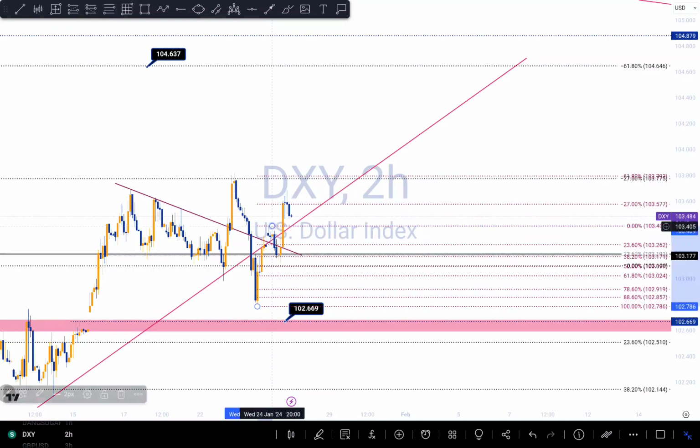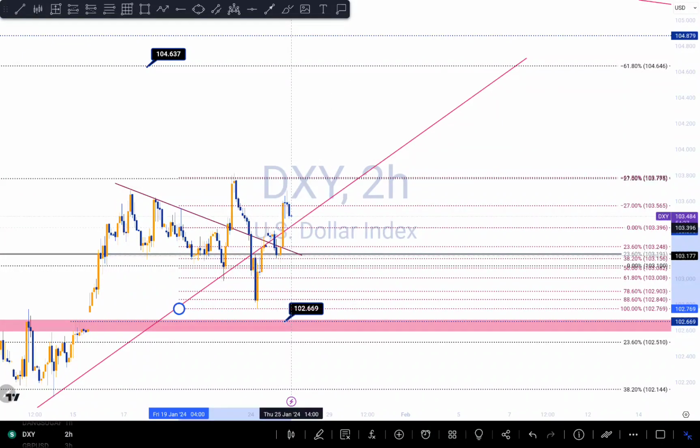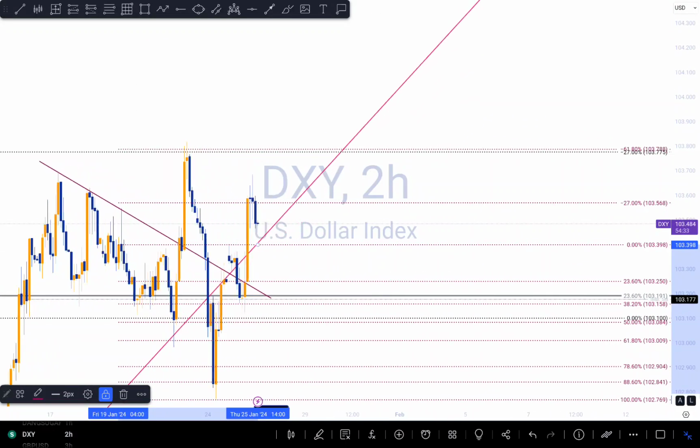From here to here, we currently hit my negative 27% fib level right here. So if I do a mini fib right here, we can see that we currently hit my negative 27% level. So I'm predicting some sort of retracement down to this level right here, which is 103.398, before we continue to push to the upside.